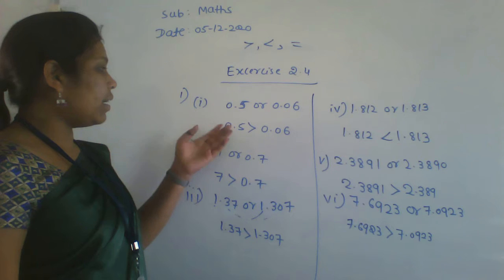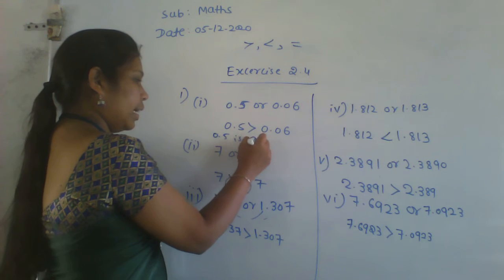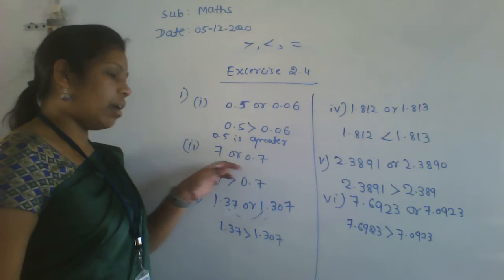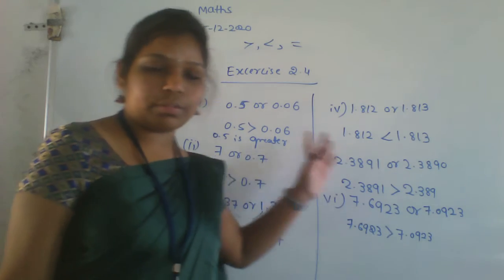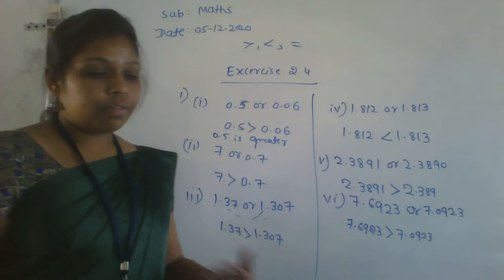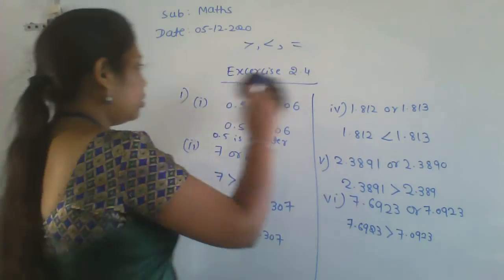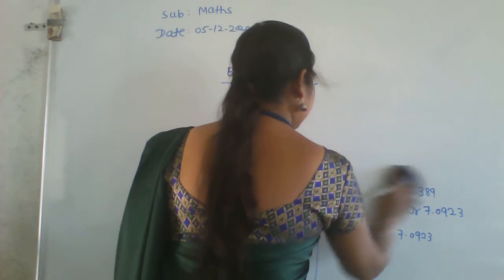In the first one, write 0.5 is greater. Like this you have to write. Which one is greater, you have to write that number here. This is greater, like that, for all the problems. Okay. Now go for the second one. So I'll just write the answers in that.